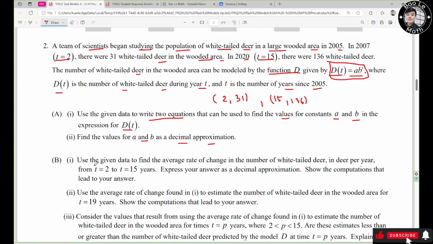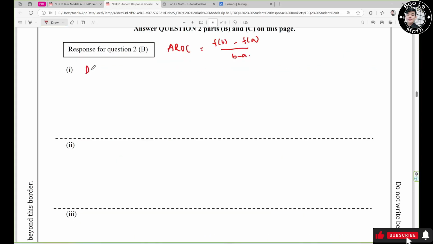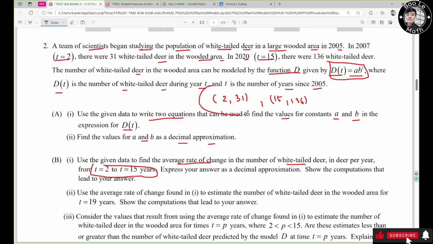Now, question B says, use the given data to find the average rate of change in the number of white-tailed deer, in deer per year, from t equals 2 to t equals 15, right? I need D(15) minus D(2) over 15 minus 2, right? Now I have two ordered pairs right here, (2, 31) and (15, 136), right?